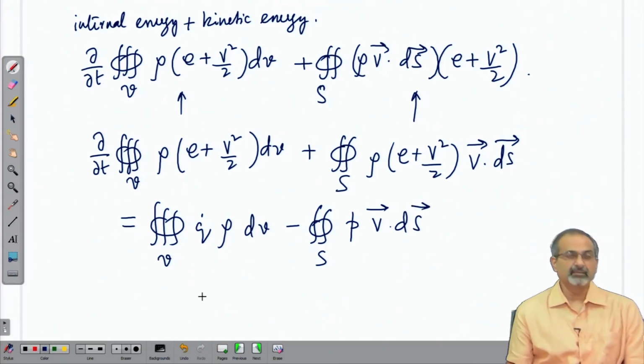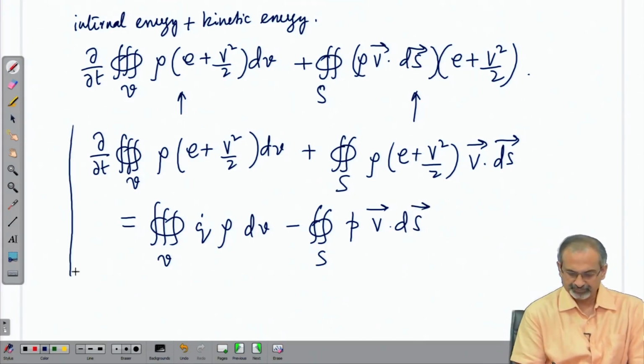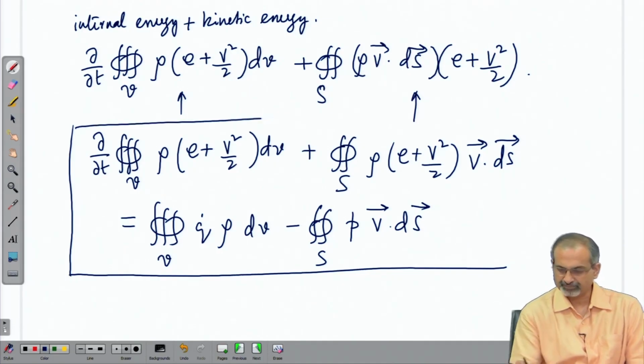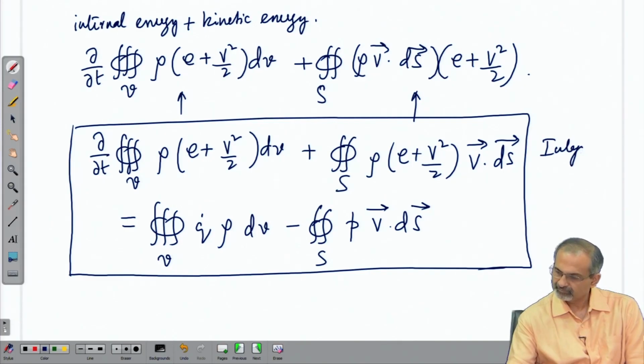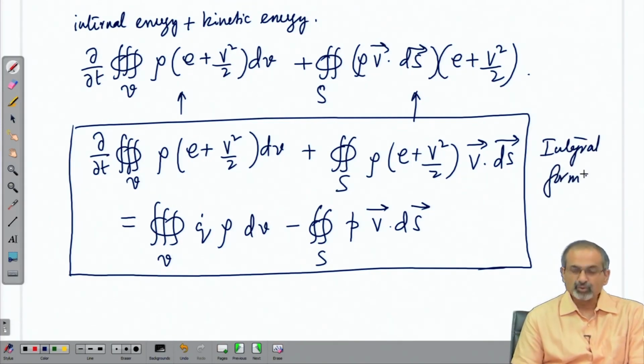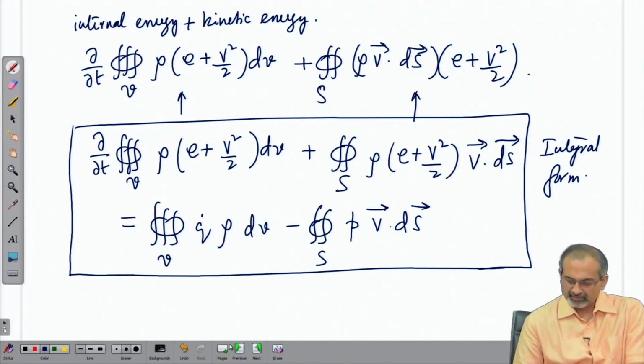So, this is essentially the integral form of the energy equation. Now, we have already done two exercises with the continuity equation and momentum equation, where you saw how we suitably converted it into a form where we can apply it to a point in the fluid, so that we can get the differential form of the equation.